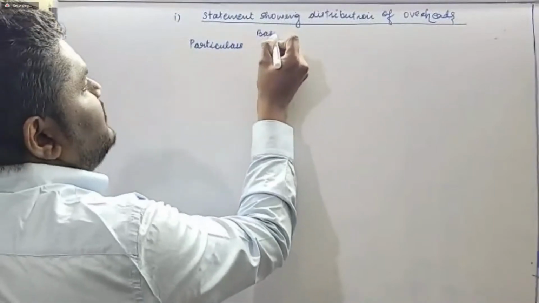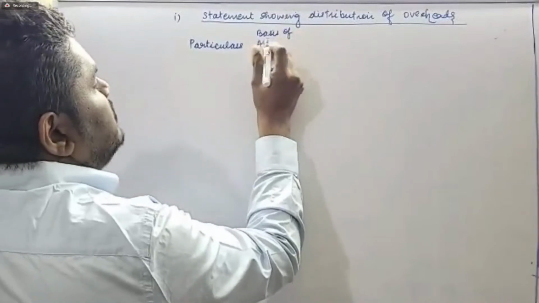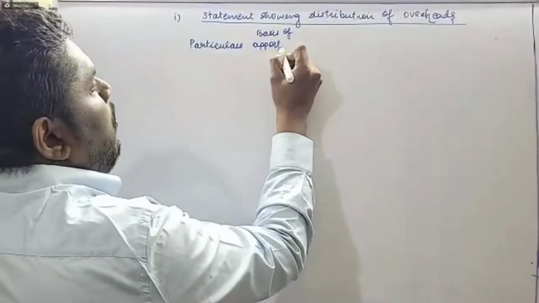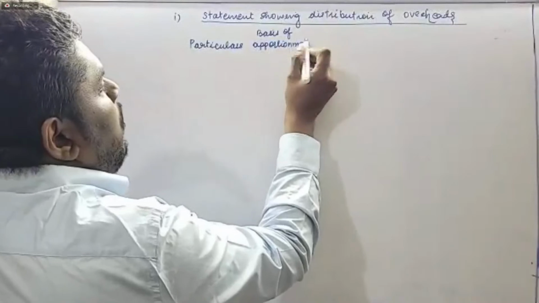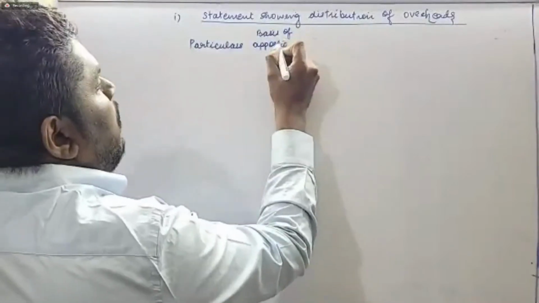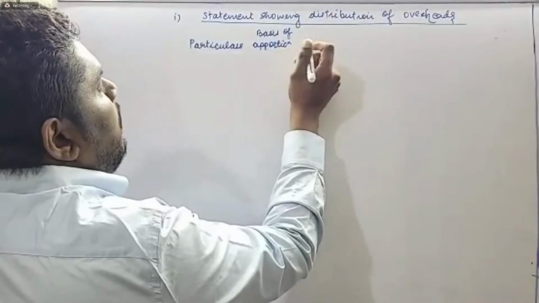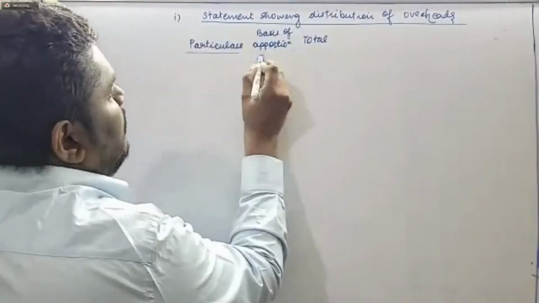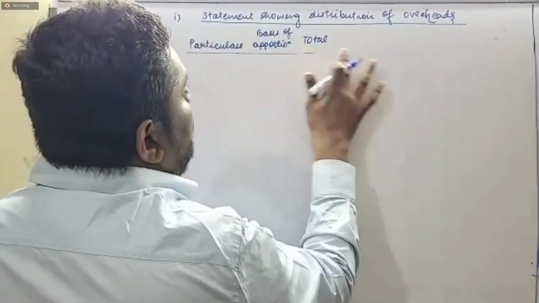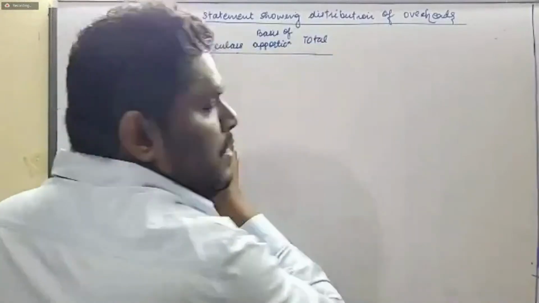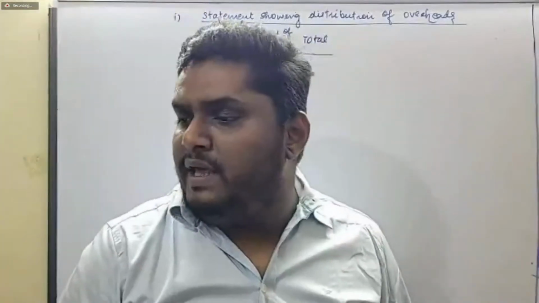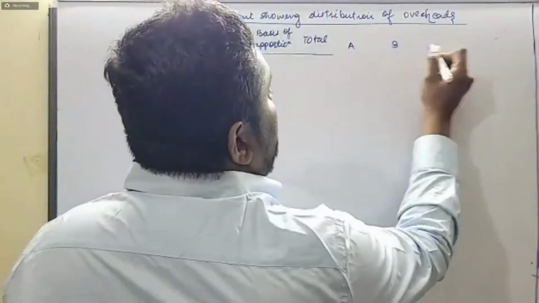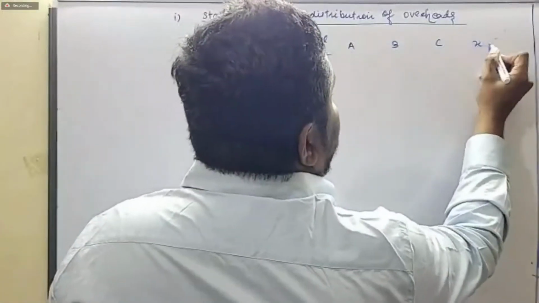Thereafter, basis of apportionment. Thereafter, the total amount. Thereafter, the production departments A, B, and C, and then X and Y.